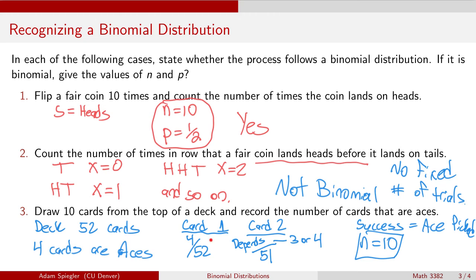And so either way, this is 4 out of 52. This is 3 out of 51 or 4 out of 51. So in either way, it's different than the probability of success on the first try. And so since each trial is not independent of the other, since when I pick one card out, the remaining deck is now different, the odds have changed, this is not binomial either.